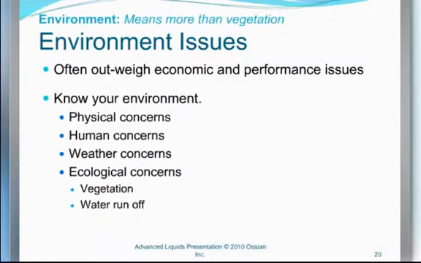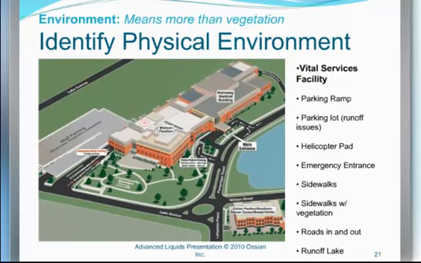When we use the word environment, you want to take it a step farther and say, please define the issues. One of the easiest ways to do this is to look at this very large hospital complex and start looking at the various parts of this hospital that require de-icing. On top, you'll notice there's a helicopter pad.